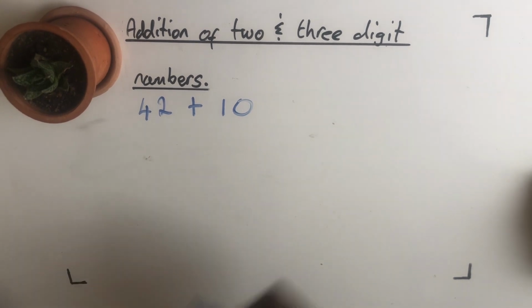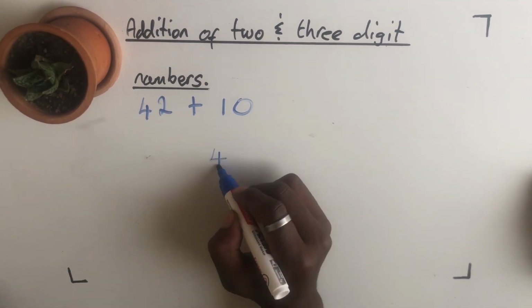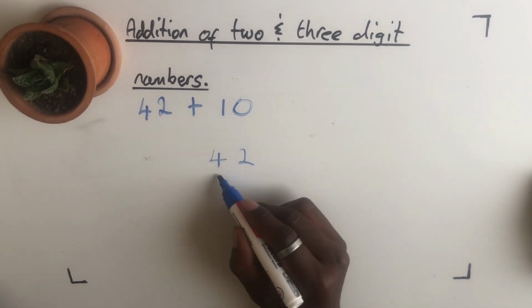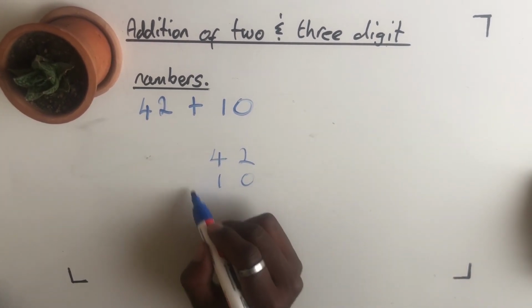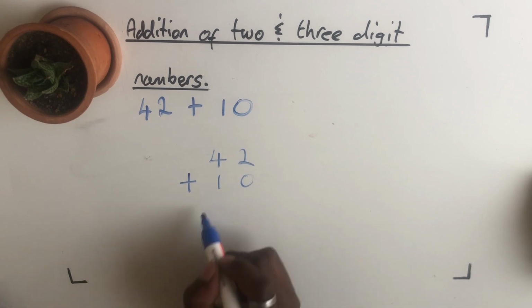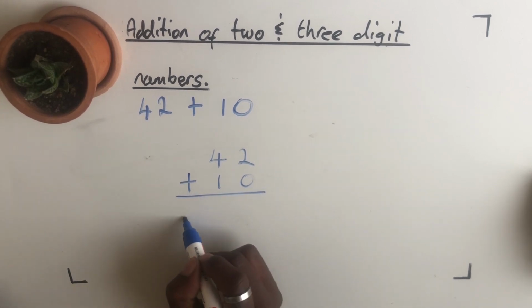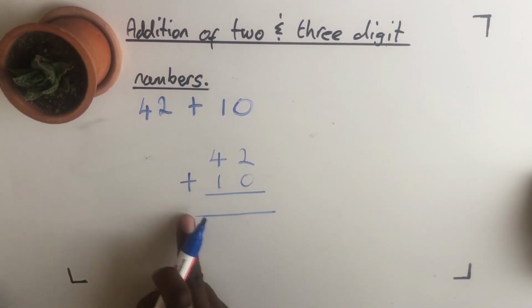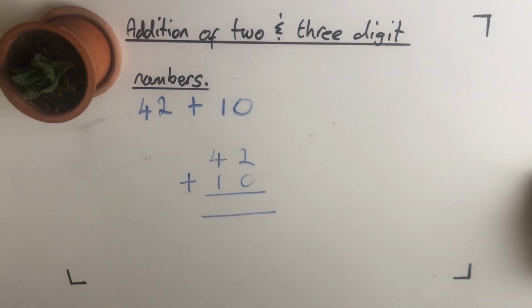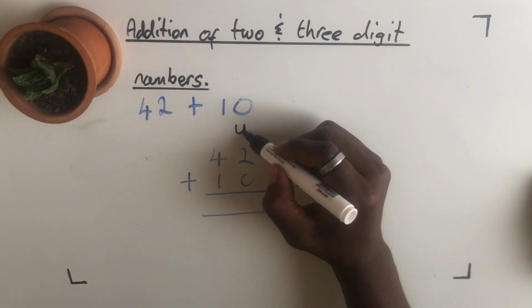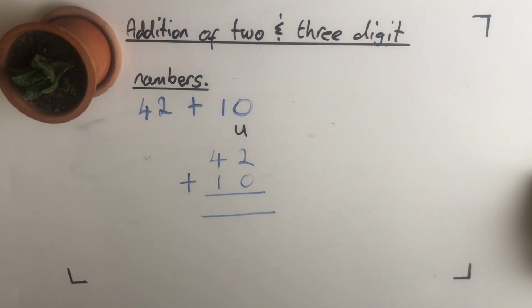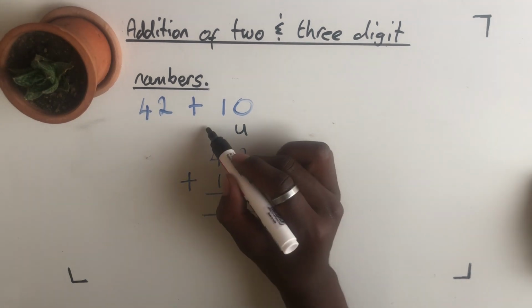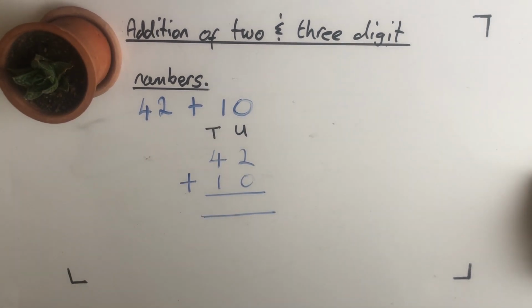The first step is writing them below, one below the other, and then our addition sign is there. And then the next step was to label. So I'm going to label that as my units and then that as my tens.